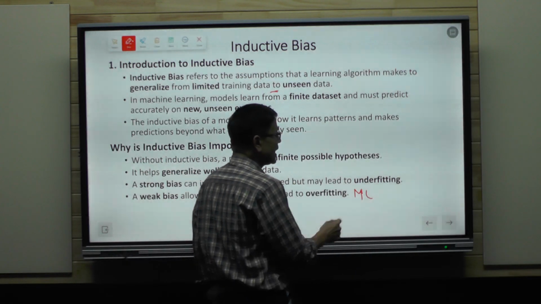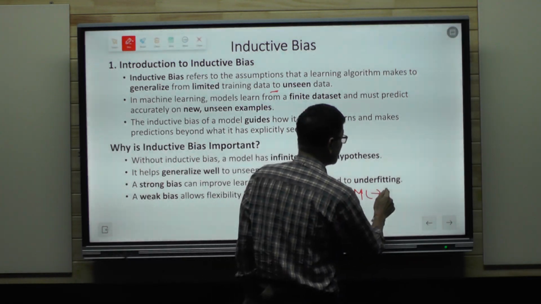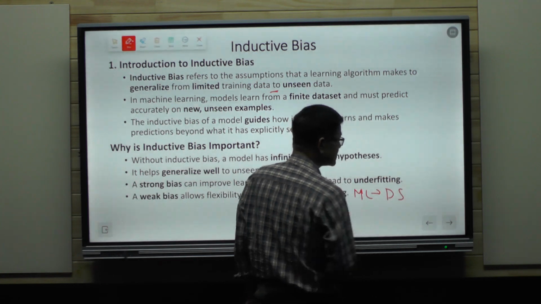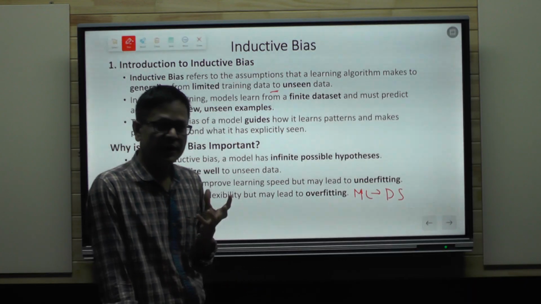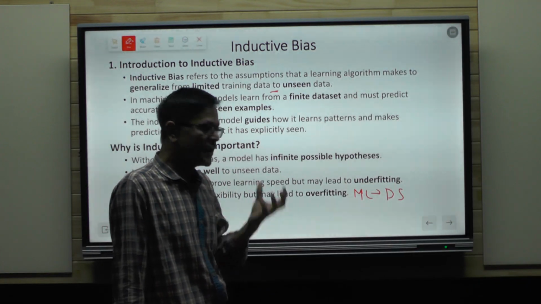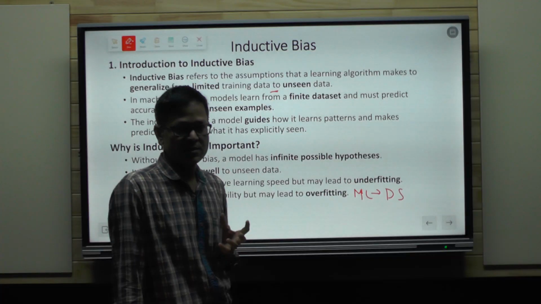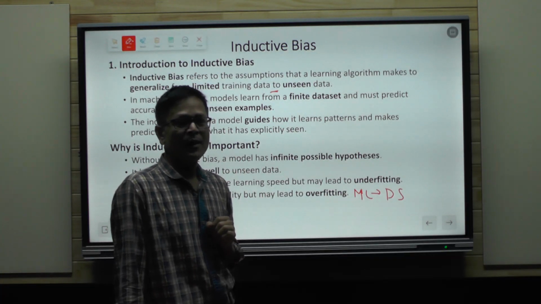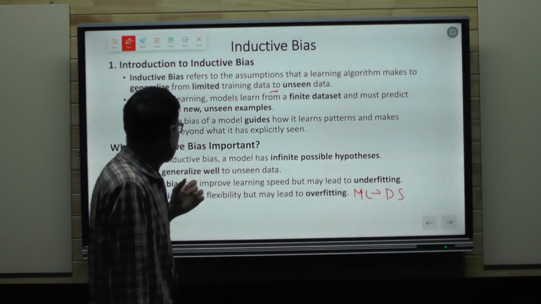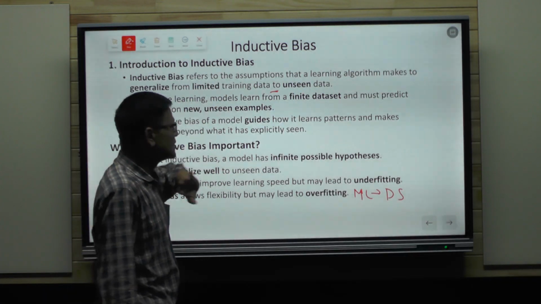That depends upon the data set. We want that this machine learning technique which you have applied on this data set should generalize so that it can cater to unforeseen data. That is why inductive bias is used.